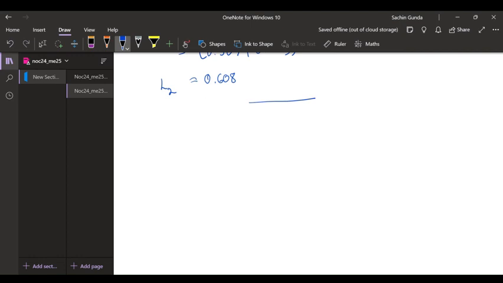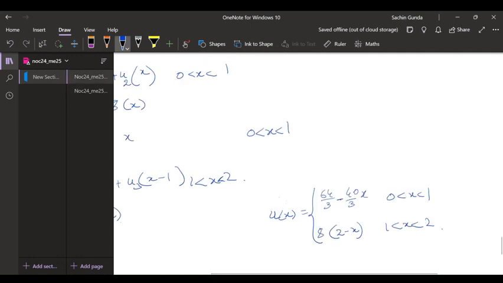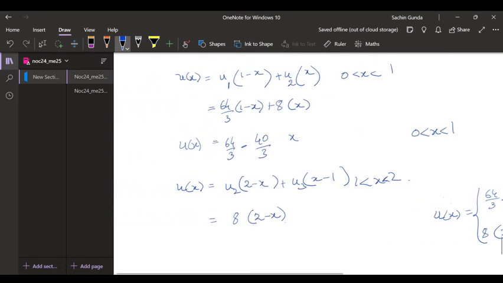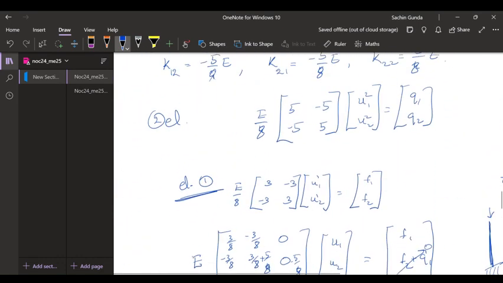So let us quickly solve the problem for one element. For one element, u1 and u2, this is the boundary condition. I will just directly take the weak form from the previous tutorial so that we can save time.